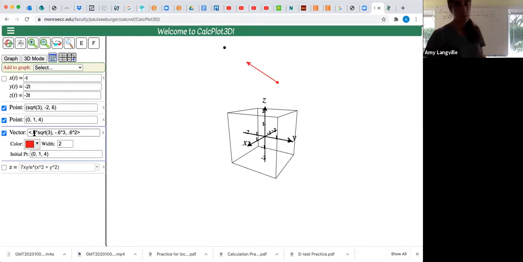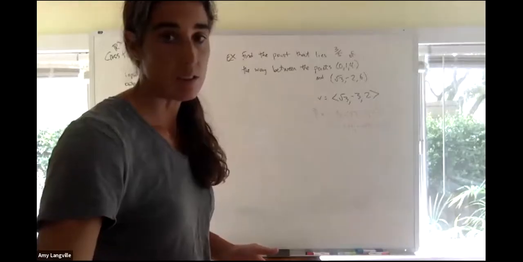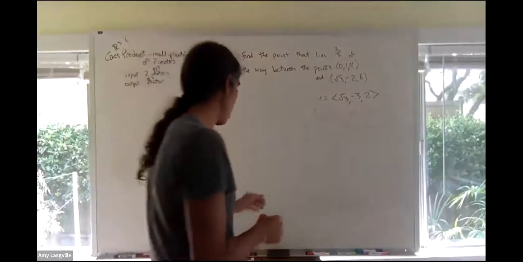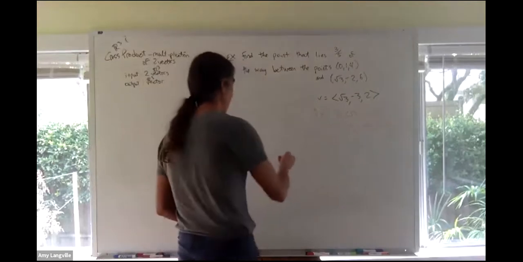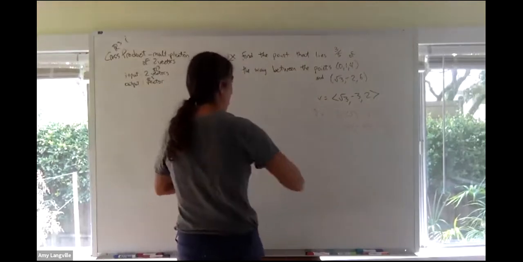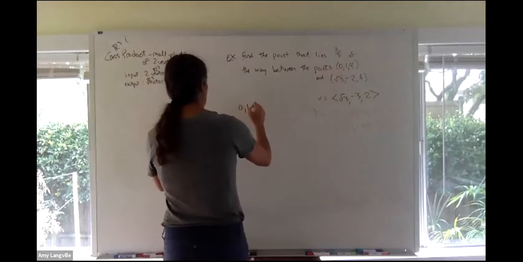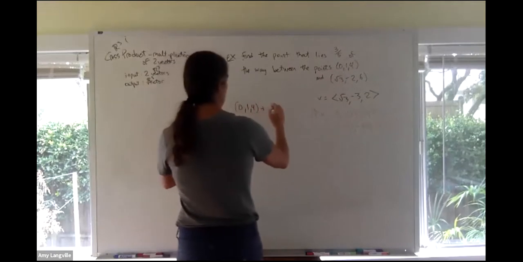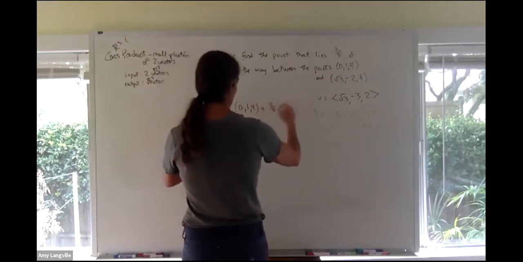Now, what point are we at? How would we create that? One second. Let's stop the screen share and show how we would get that point. We started at 0, 1, 4, and we went 3/5 of the way along this vector.